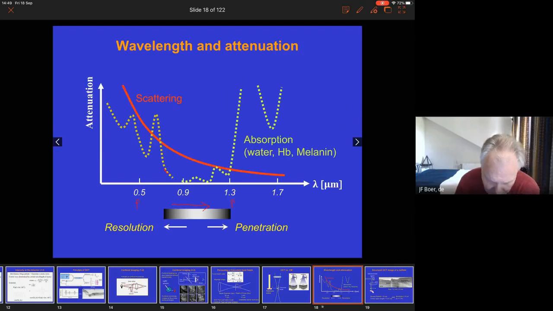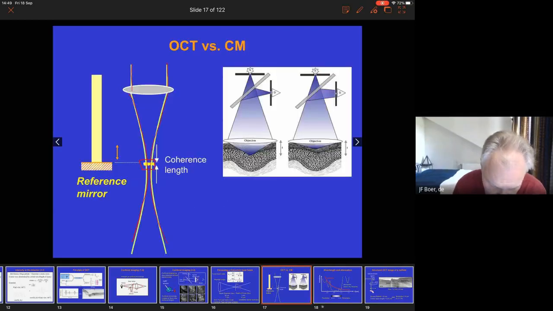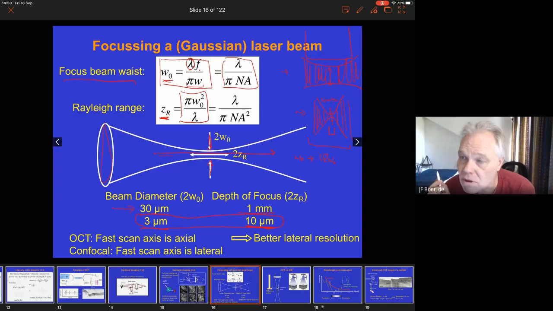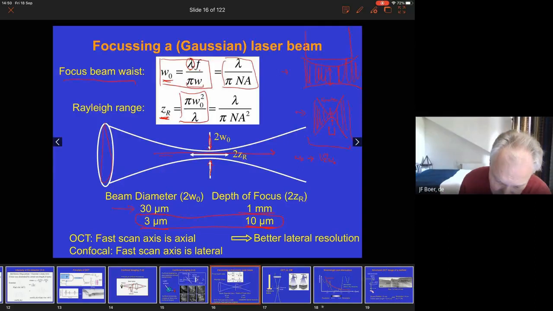And I plot here the resolution versus penetration, where for the resolution I assume the shorter the wavelength, the higher the resolution. Because if we go back to this waist, then we see that if we choose a smaller wavelength, we get a smaller waist, so a higher resolution.